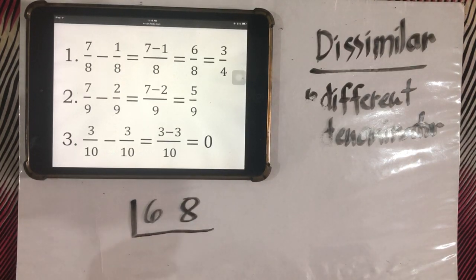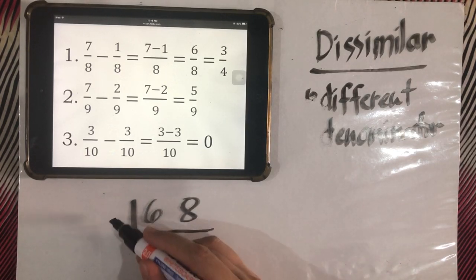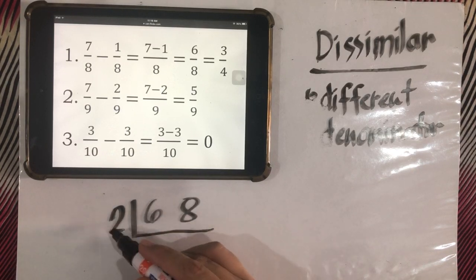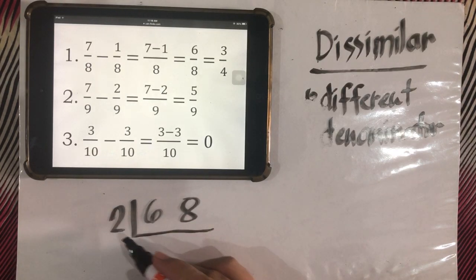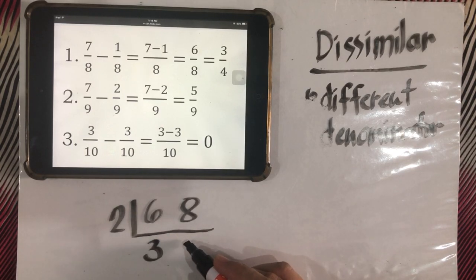You should get used to this so it becomes automatic. What is the prime divisor of these two numbers? You have here 2. 6 divided by 2 is 3. 8 divided by 2 is 4.